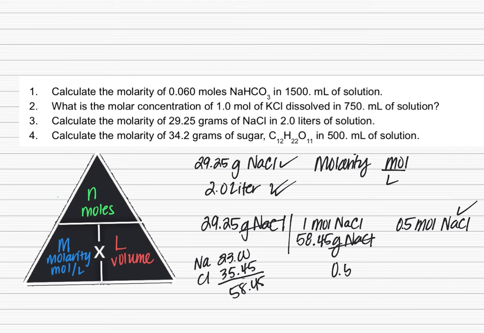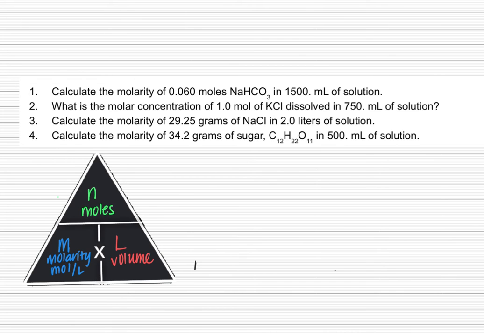So 0.5 moles of sodium chloride in 2 liters of solution. And if we were to put that in our calculator, our answer would be 0.25. So we would say we have a 0.25 molar solution of sodium chloride, or our molarity is 0.25.